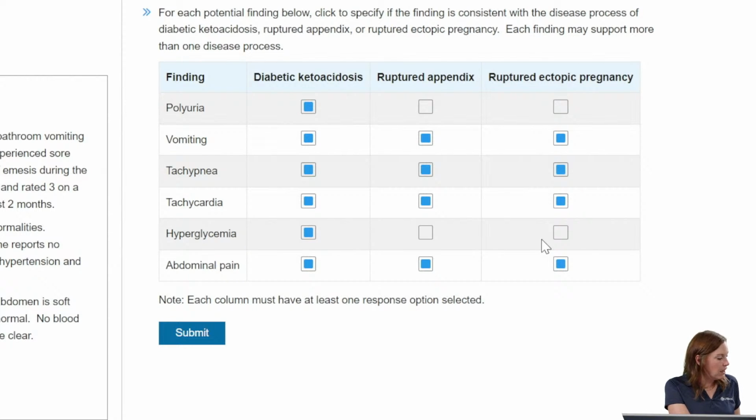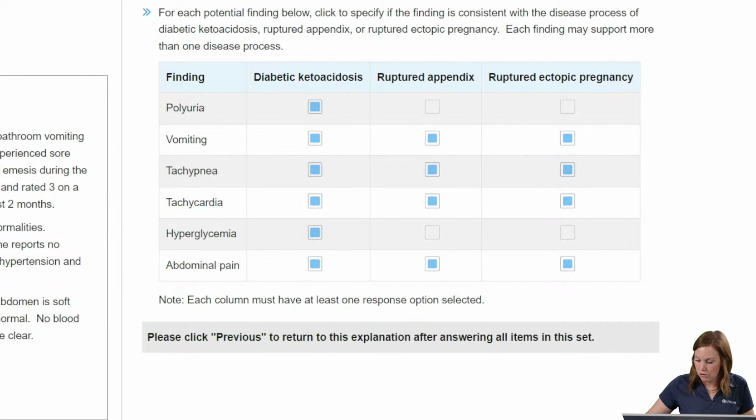That answer was from UWorld Nursing. You guys got it right. Yes, Viola said all except polyuria and hyperglycemia. Good job. Instagram, I'm seeing vomiting, tachypnea, tachycardia, abdominal pain. Good job, guys. All right, so this is what these answers will be.